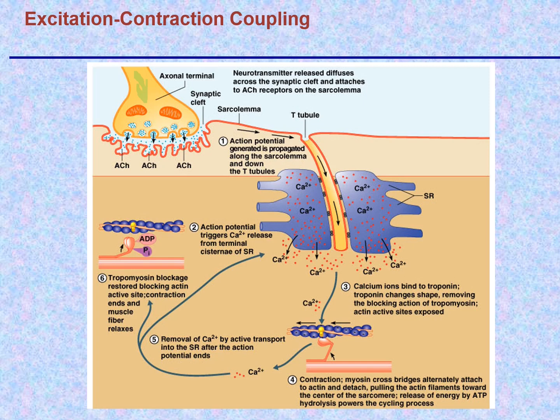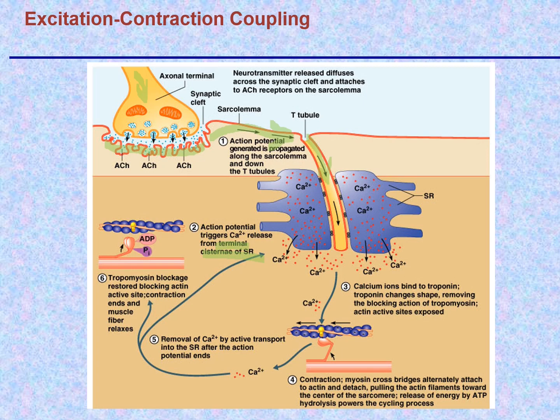Sodium moves in, so you get a depolarization, and if you get enough, then an action potential spreads along the sarcolemma, away from the motor end plate area, and will go down the T-tubules. And the effect of that is that it will trigger release of calcium from the terminal cisternae of the endoplasmic reticulum.